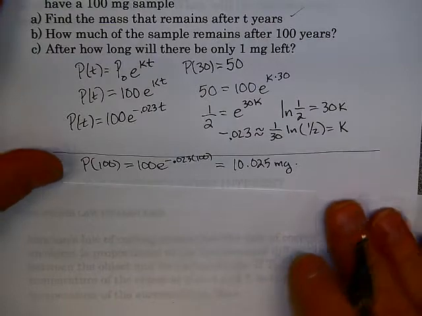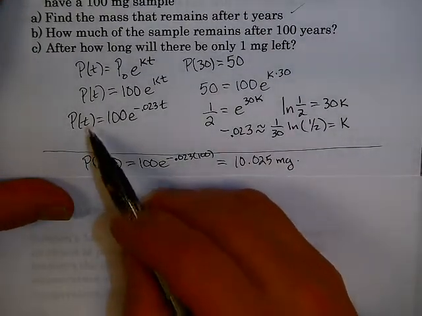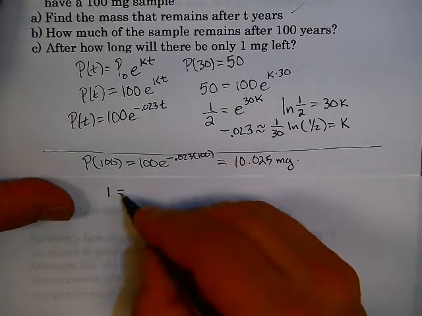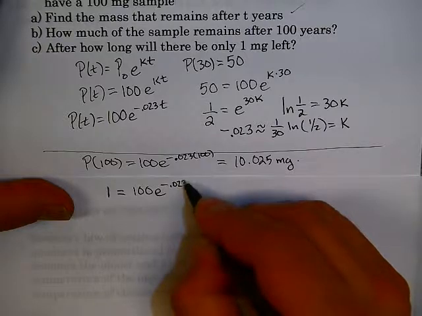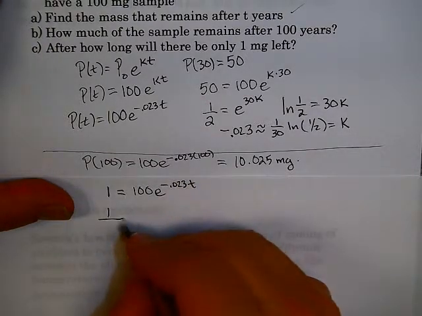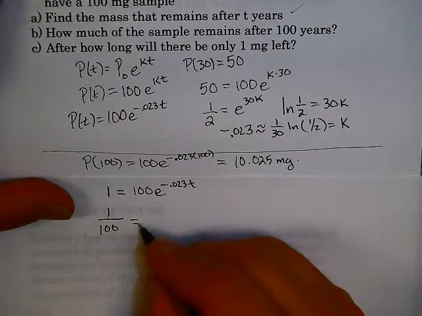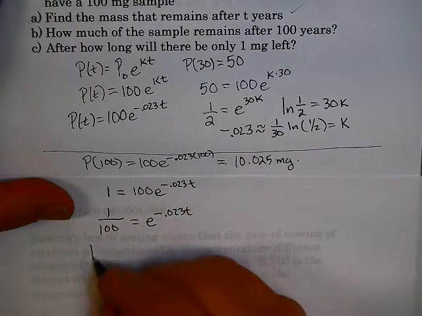How long will it take for 1 milligram to be left? Well, in that case, I'm not replacing for t, but I'm replacing for P. I would solve this equation. So this is a nice little exponential equation to solve. Take the natural log of each side.